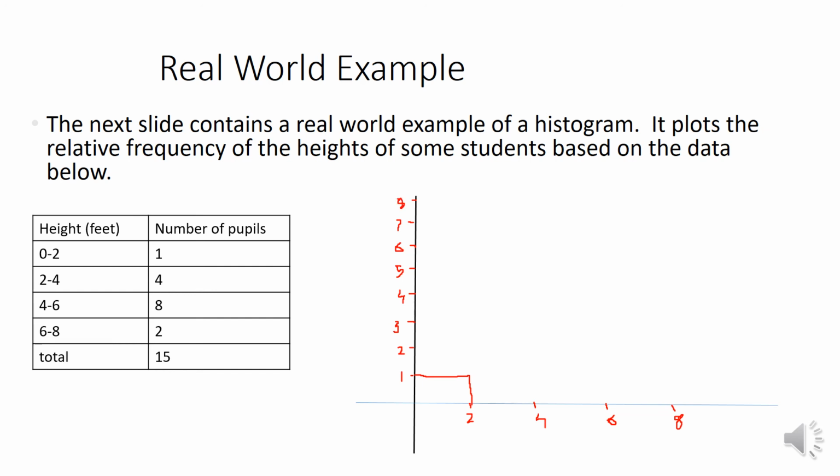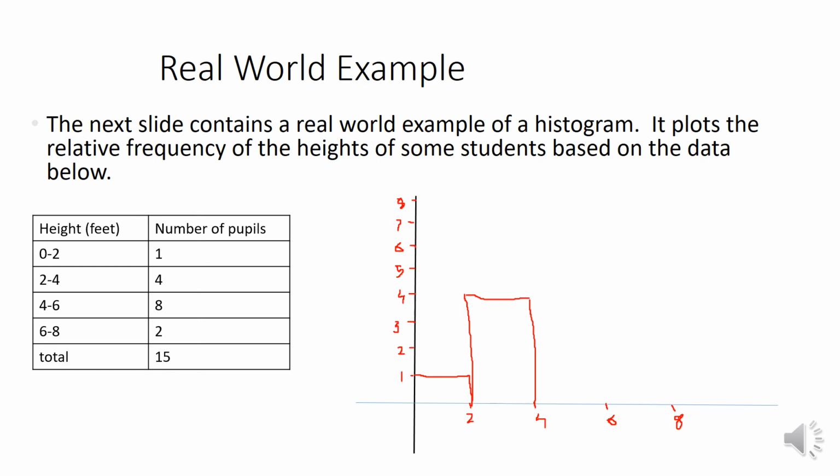Next, I have to draw the bar for the second class, that is 2 to 4. So 2 to 4 has a bar up to 4. So the height of that bar goes up to 4. Join that, and this one is the second bar.